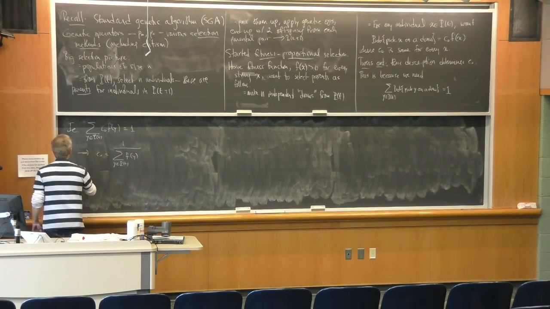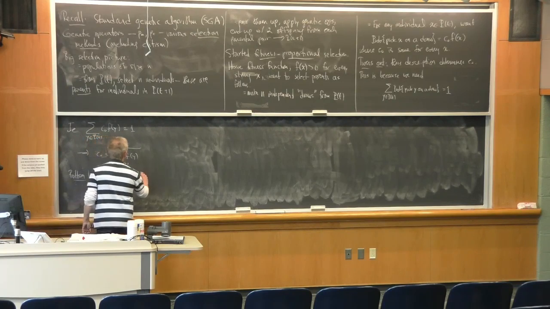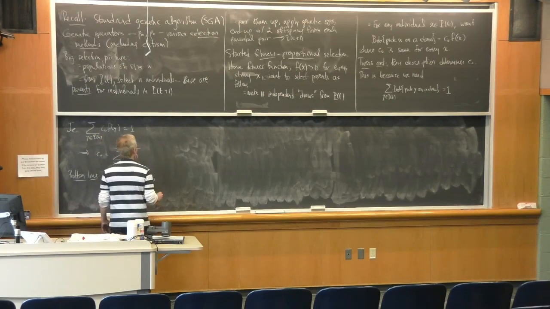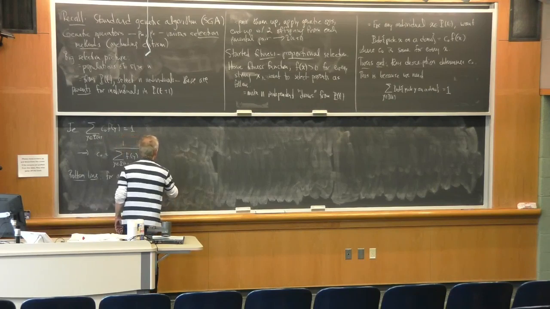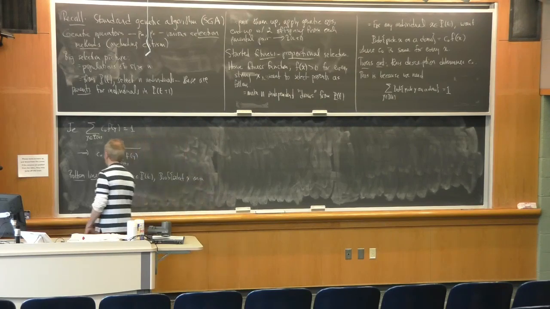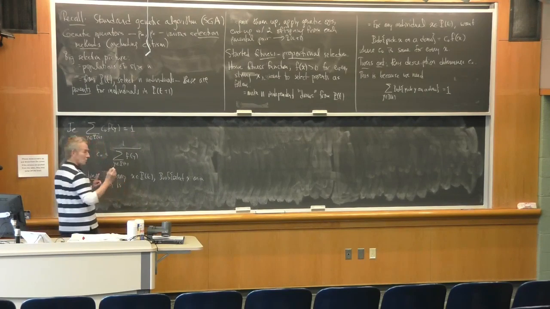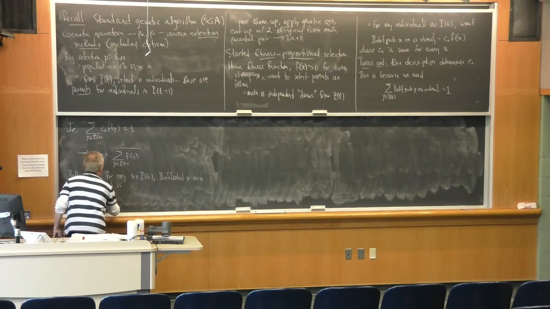So bottom line, and I'm going to introduce a little bit of new notation here. For any x in P of t, the probability that you select x on a parental draw is, and here's the new notation, P sub SEL, P sub select of x.